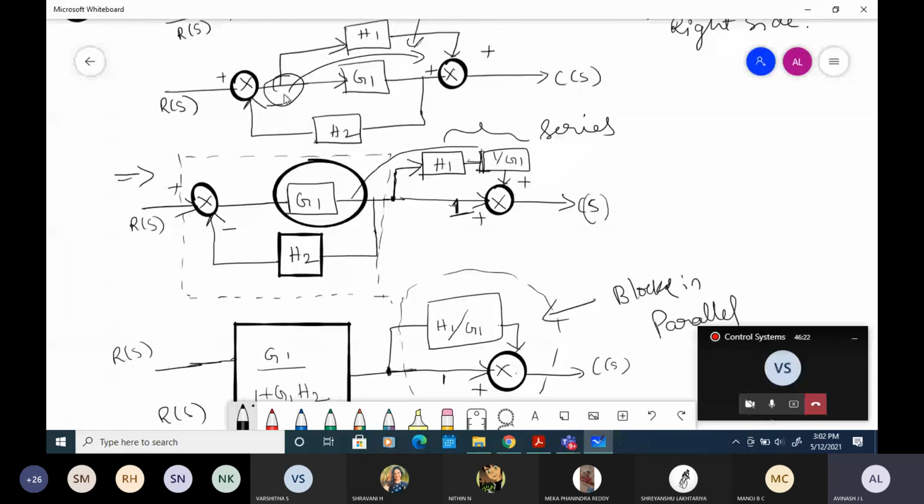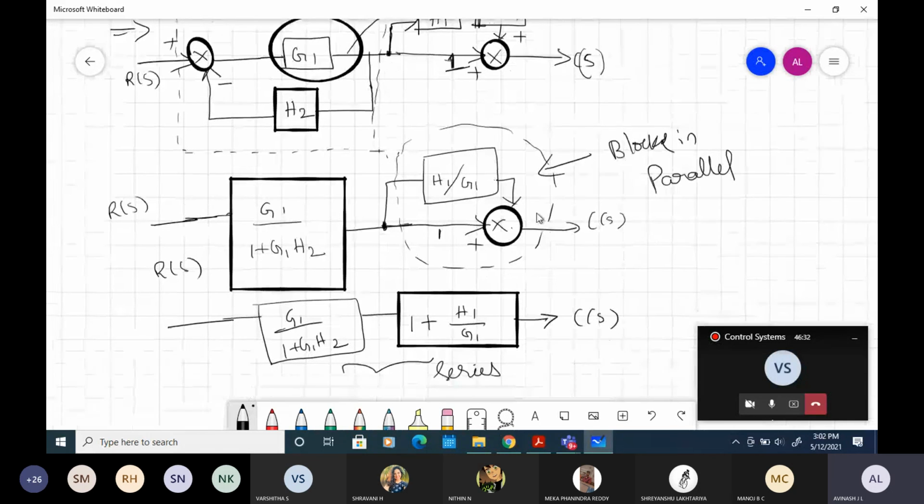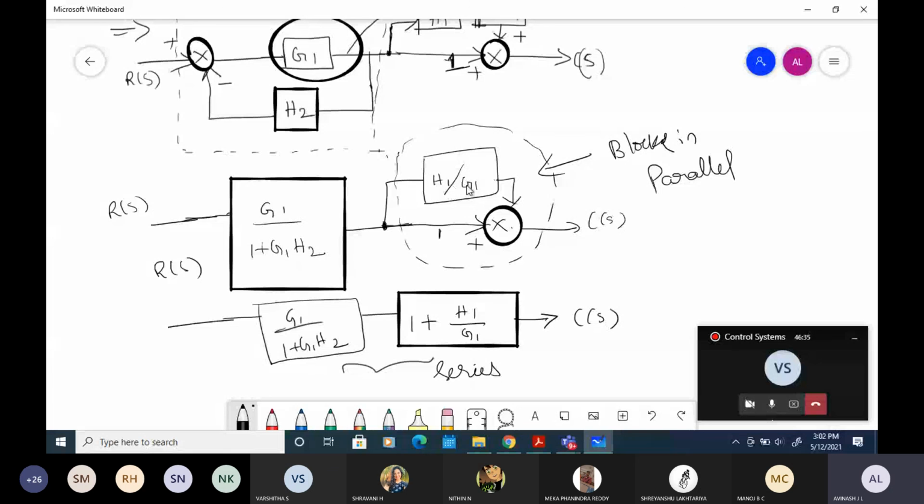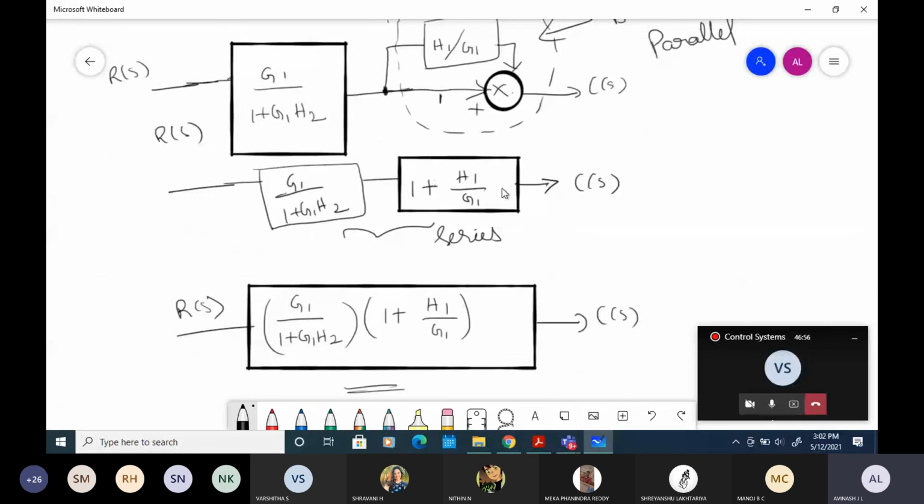Once we did this, this particular part becomes the feedback loop, and these two things become series, so we have reduced it here. Once we have taken H1 by G1 here, then one line is there, whose value is 1. So now we take 1 plus H1 divided by G1, the blocks in parallel, meaning we need to do the addition. Now these two blocks are once again in series.